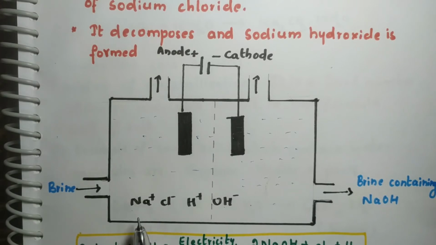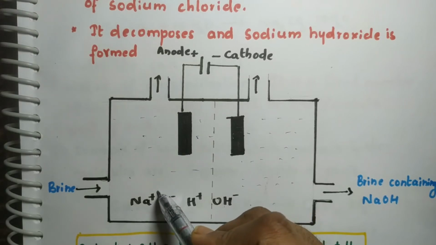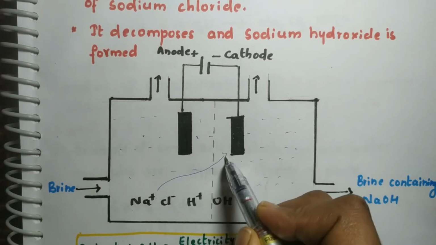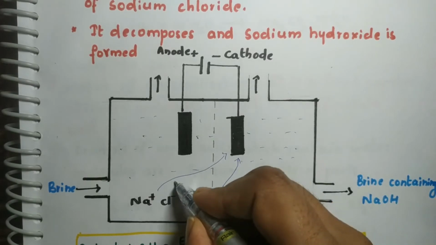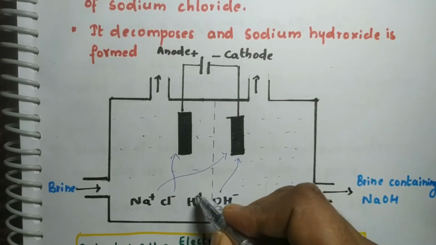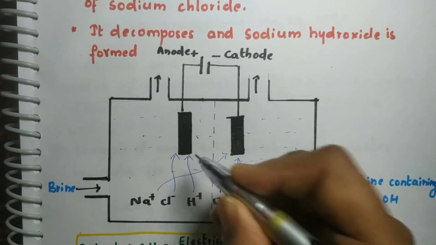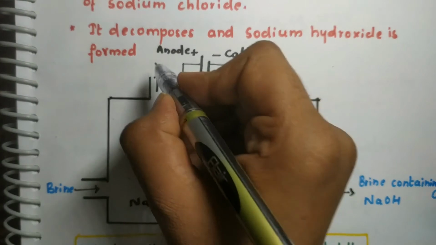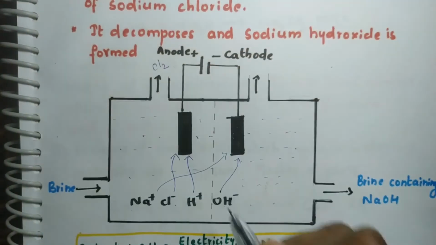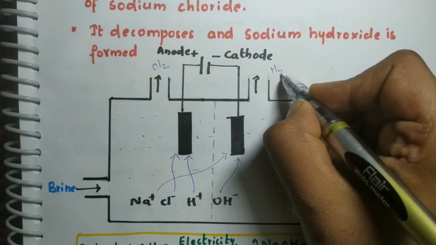That is, opposite charges will always attract. So Na+ will move towards the negative charge, that is towards the cathode. OH- will also move towards the cathode. But Cl- and H+ will move towards the anode.